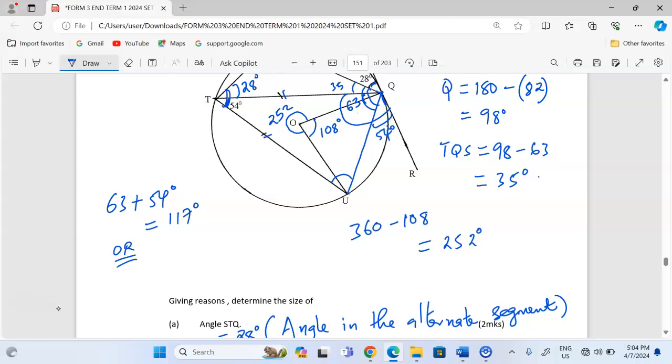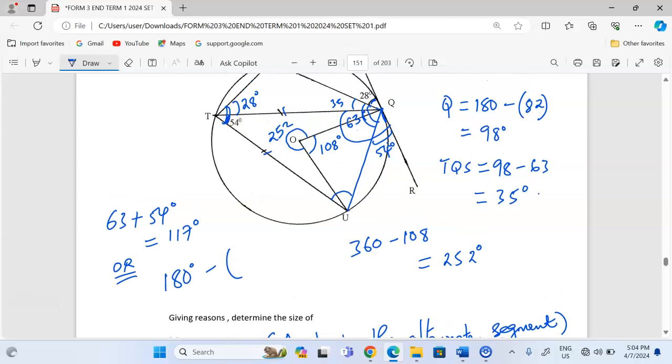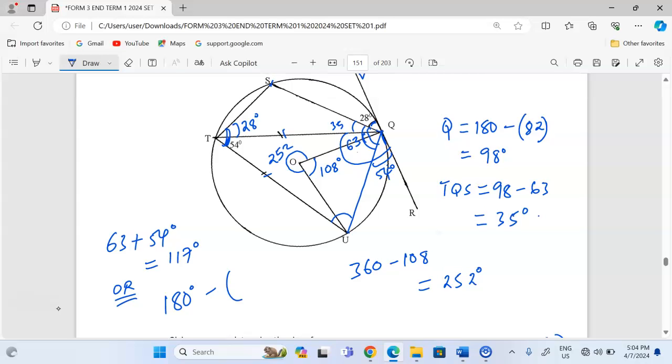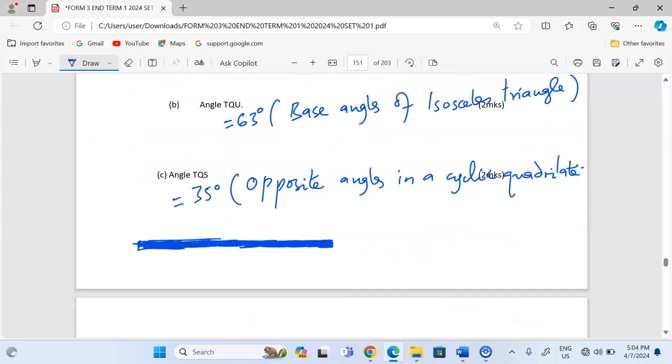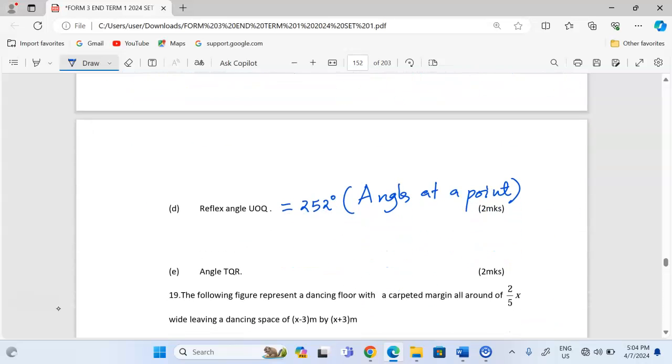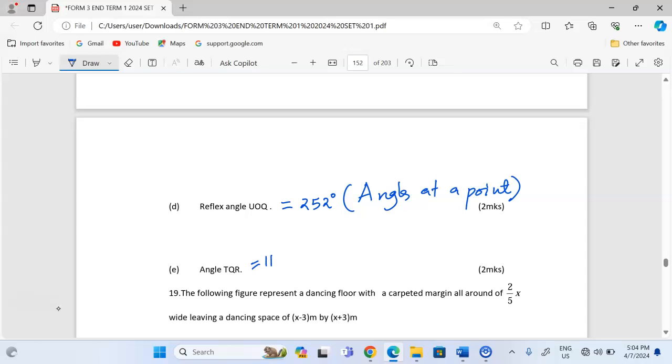Or using angles on a straight line, we take 180 minus 28 plus 35. This is equal to 117. So any of those approaches will give us 117. So the angle is 117.